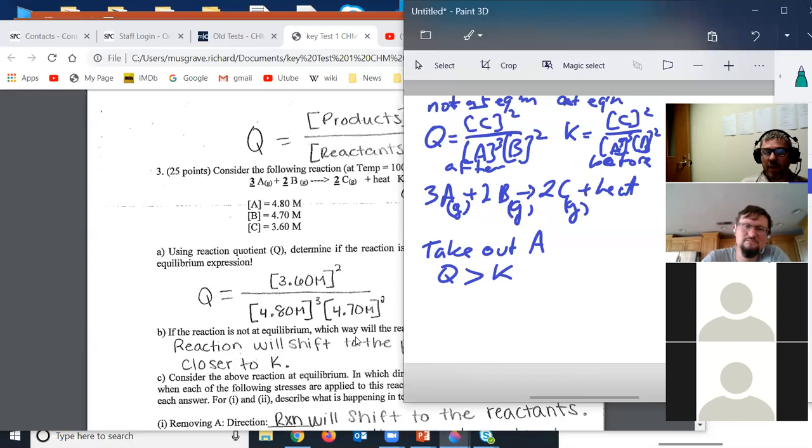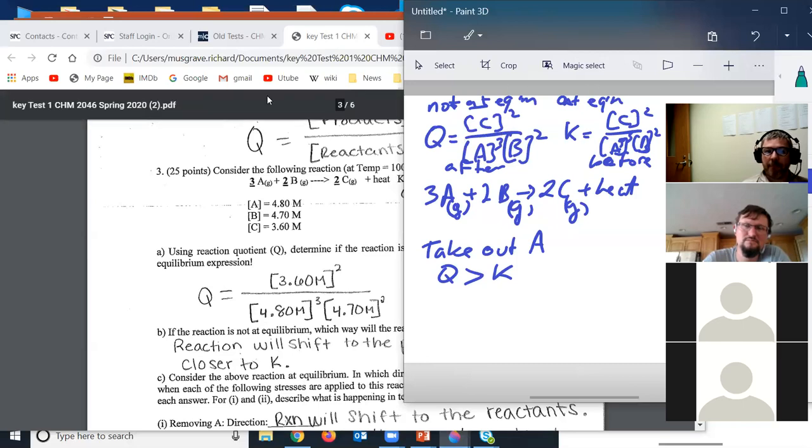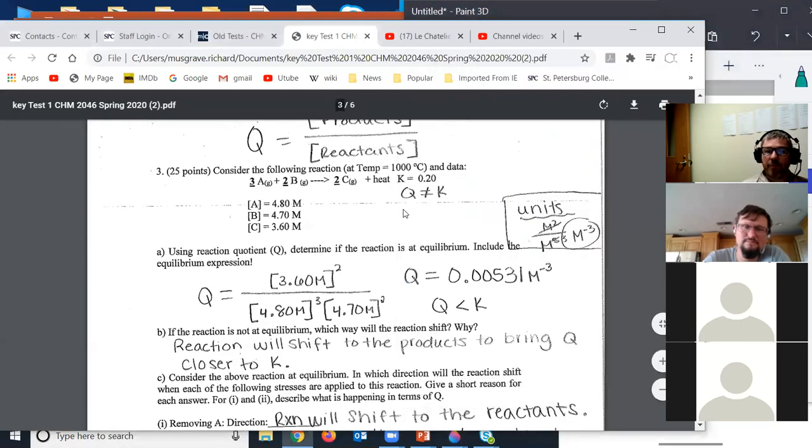Because Q has to go down. And the way Q goes down is by increasing the bottom part and decreasing the top part. Increasing the A and B and decreasing the C. Is everybody okay with that? Anybody have any questions?